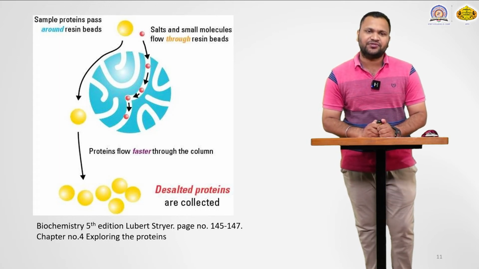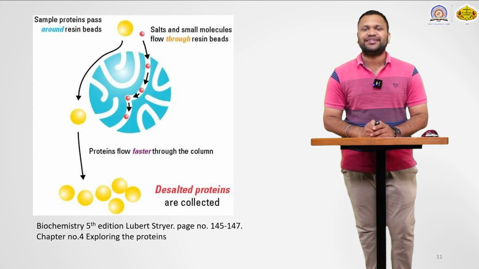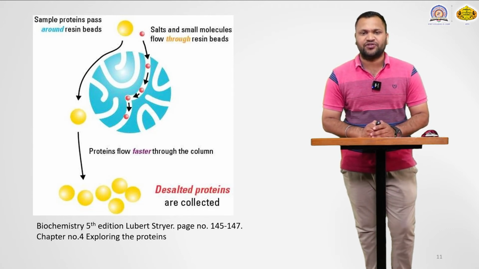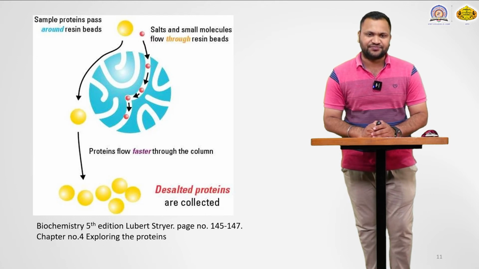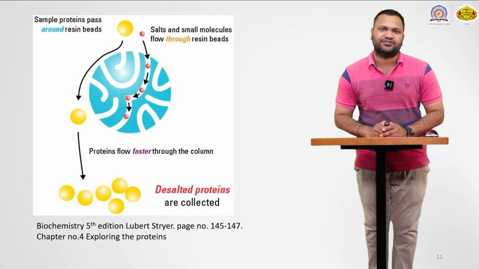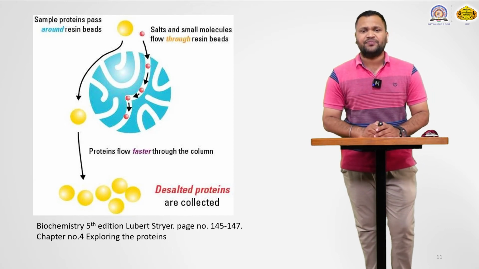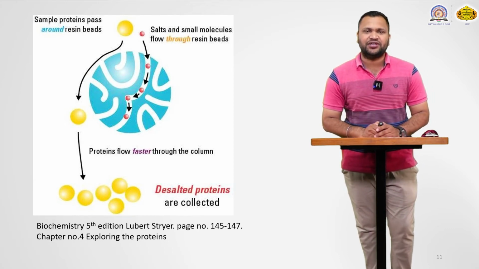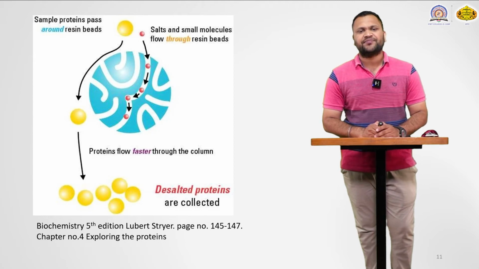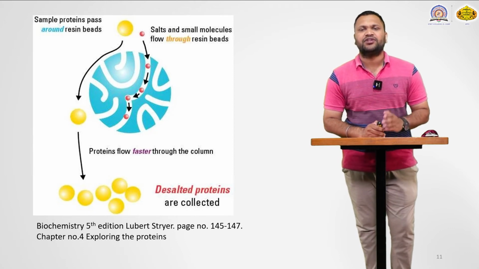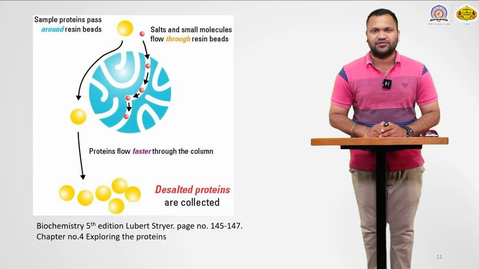For example, the sample proteins pass around the resin beads, and the salts and small molecules flow through the resin beads. The larger molecules are not small enough to pass through the bead, so they move around the resin bead but do not go into it. So the proteins flow faster through the column.